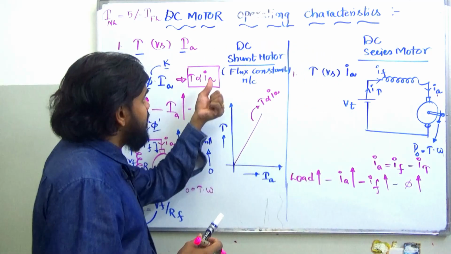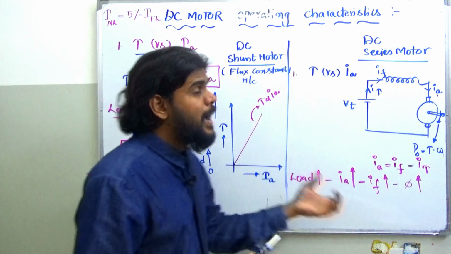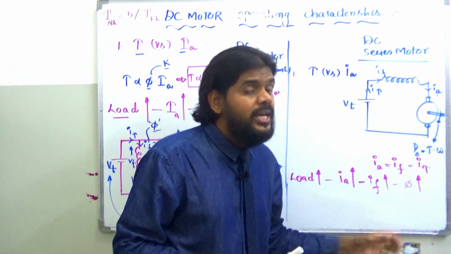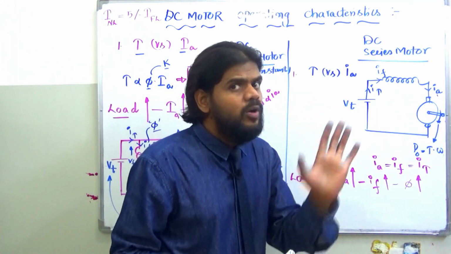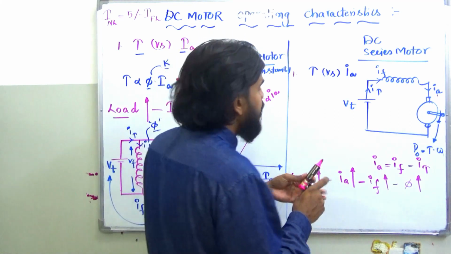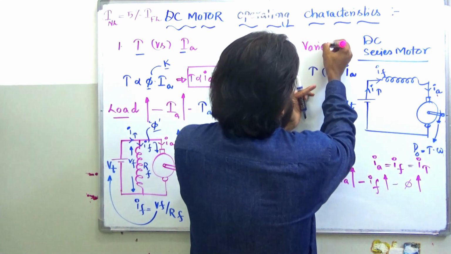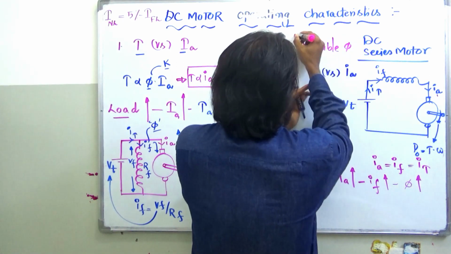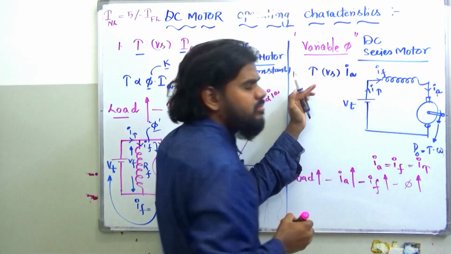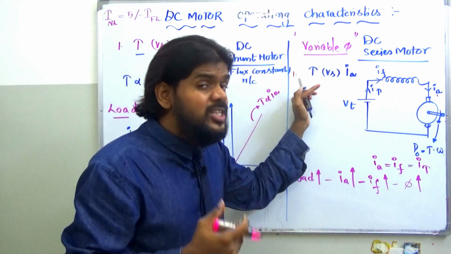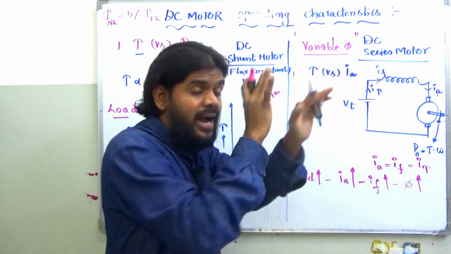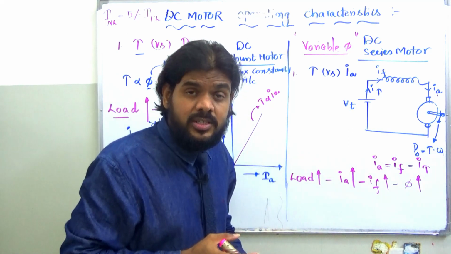The shunt motor is a constant flux machine, but this particular motor is not. It is a variable flux machine, variable phi. So because of this change, you're going to have a dramatic change in the entire characteristics.